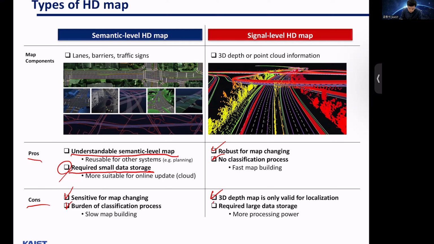And the biggest downside is actually signal level HD map requires large data storage, and this is quite a big disadvantage when it comes to using HD map for real world autonomous driving.